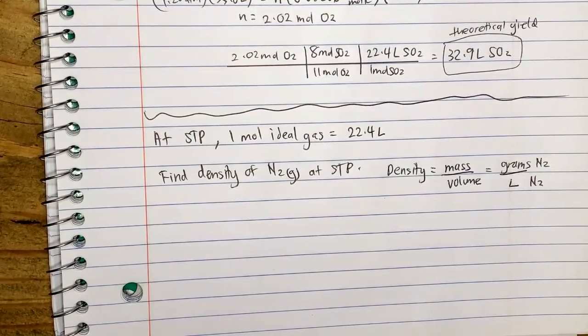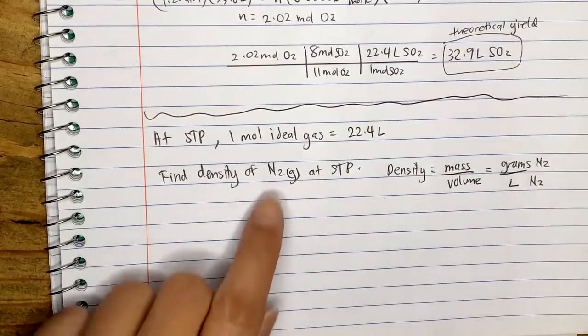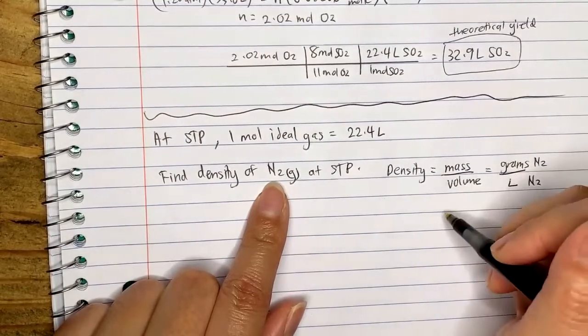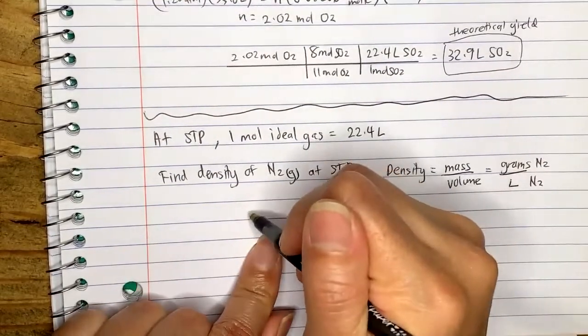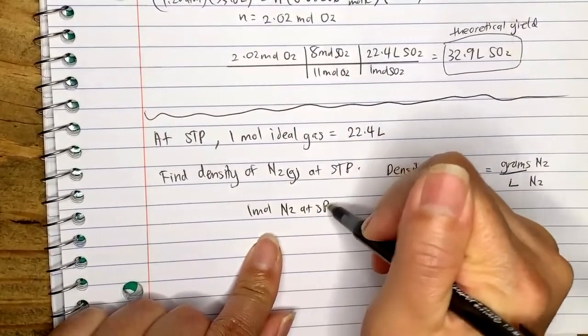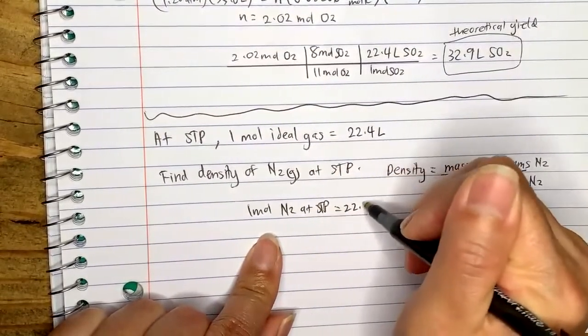To find the density of 1 mole of gas is to find the density of all amounts of gas for that nitrogen. So if I wanted to look for 1 mole of nitrogen, what's the volume of 1 mole of nitrogen? 1 mole of N2 at STP takes up 22.4 liter.